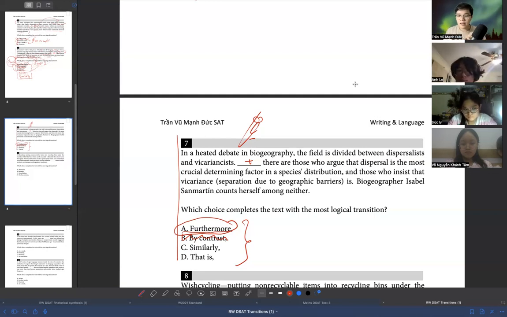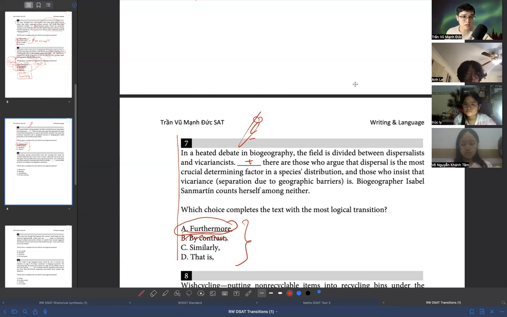For example, if I'm talking about how a calculator is very useful, right? Similarly, a calculator can do this, do that. Or I can say a Casio calculator is very useful.